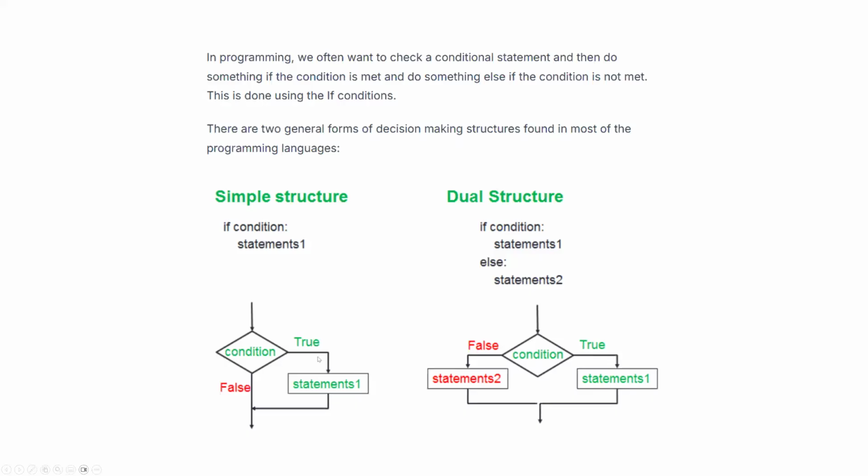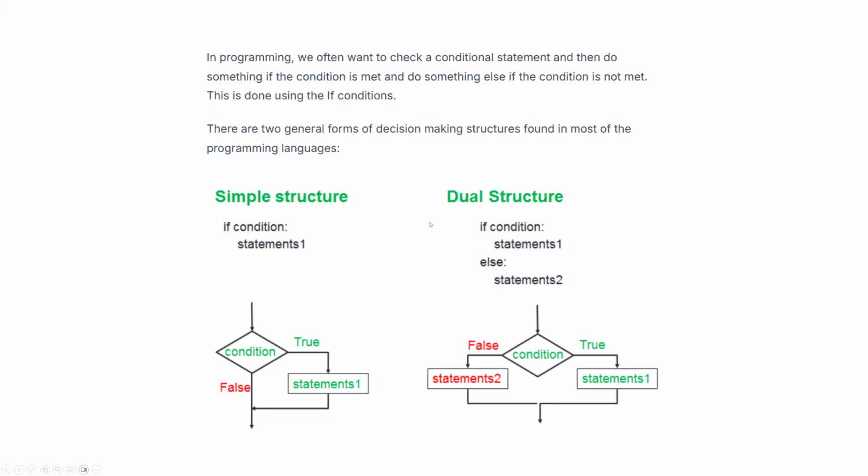If the condition result is true, we apply this process which contains statement 1, and then we navigate our output somewhere else. If the answer is false, we are not running another process, as you see in the simple structure.